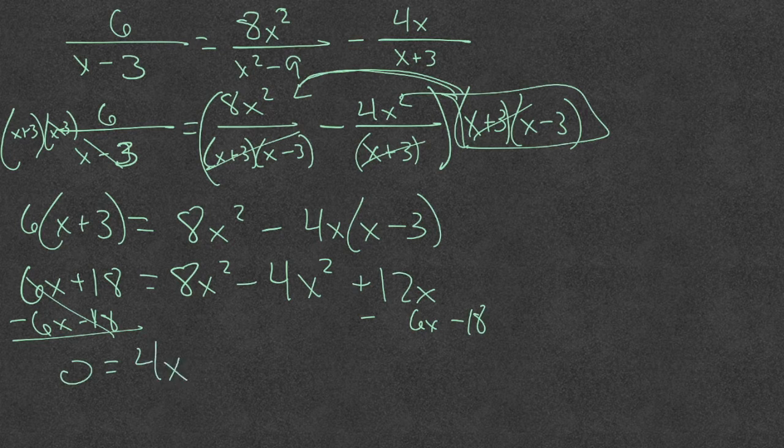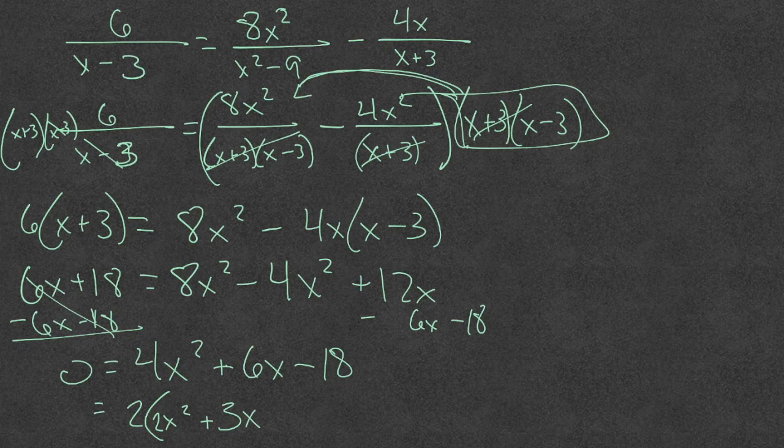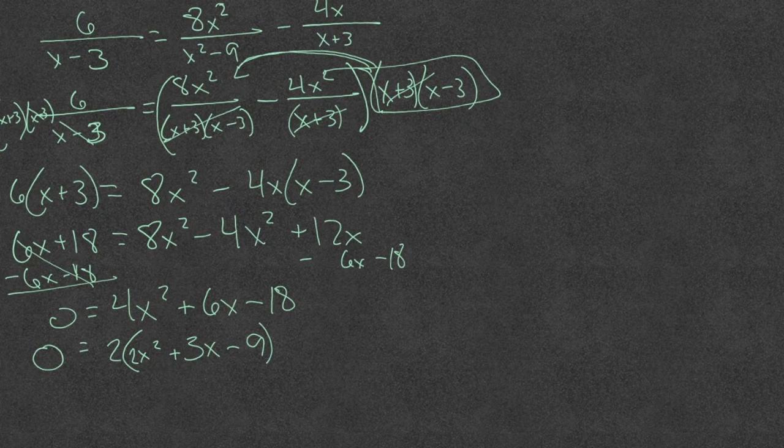And we have a 4x squared plus a 6x minus 18. We can go ahead and pull out a 2. So that gives us a 2x squared plus 3x minus 9 equals 0 still. We're going to need to go ahead and factor.